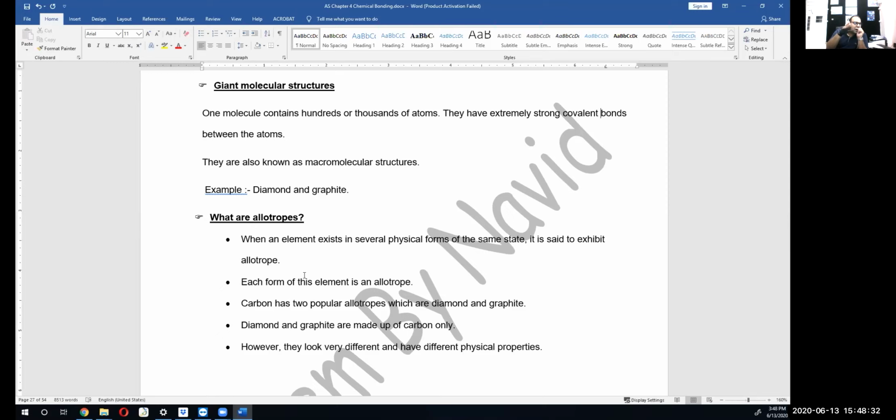Example, carbon: diamond and graphite. For sulfur, rhombic sulfur, and another one I don't remember at this moment. So they are different forms of the same element. The basic constituent is the same, but their structures are different.